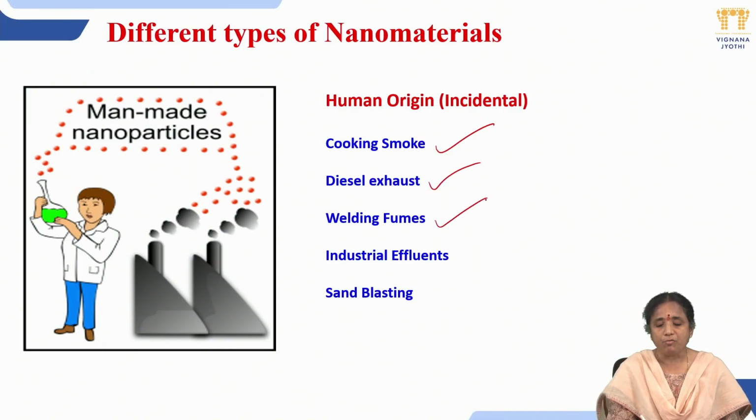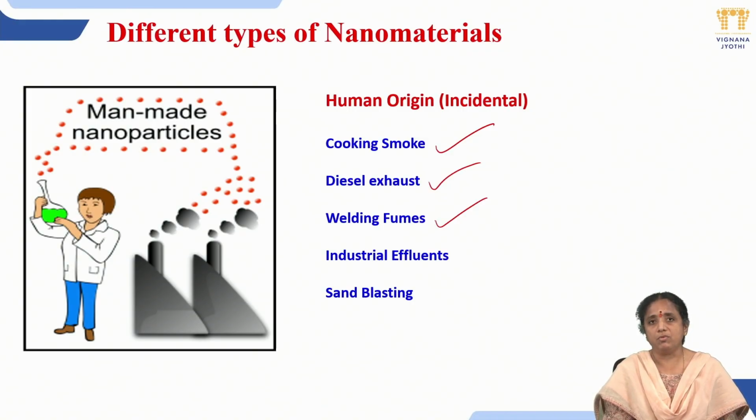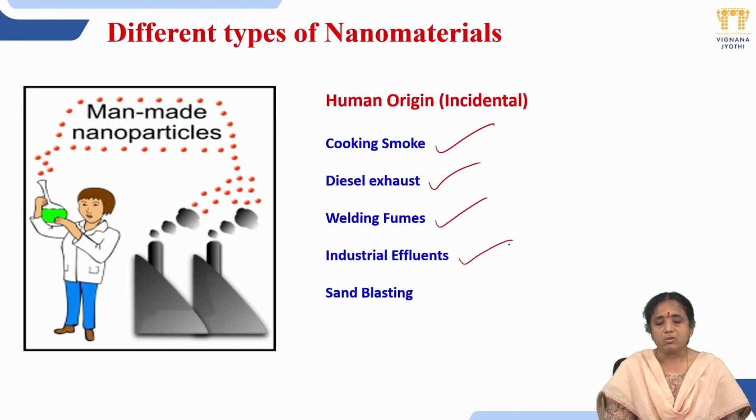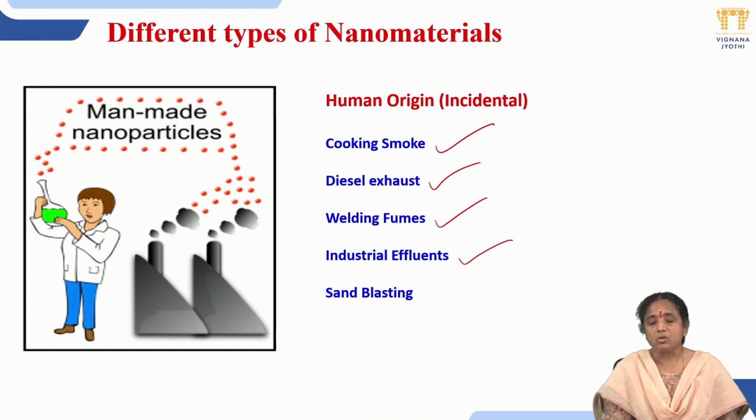Next, coming to the welding fumes. Whenever we are doing some kind of welding, whenever we are joining any two metals, some fumes come out of it, and they are also in the nanoscale. And industrial effluents. We all know that they are more toxic in nature. Whenever we inhale them, it is going to affect the people surrounding the industries.